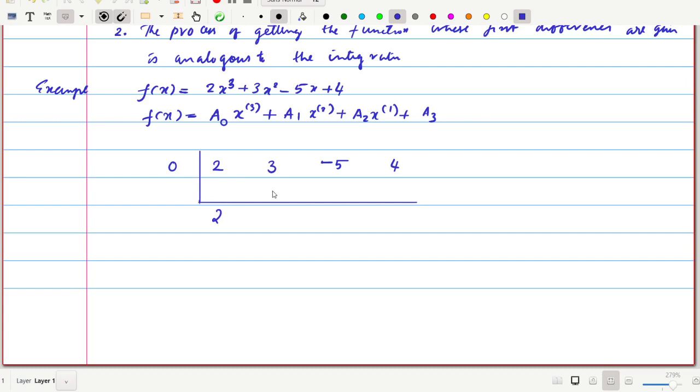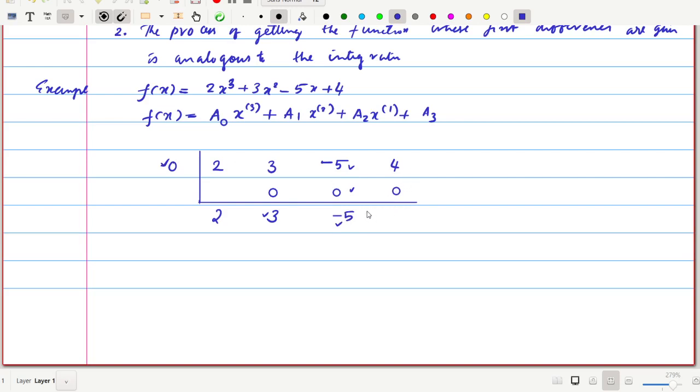That will be 0 again, and when we add 3 and 0, we get 3 here. Multiply this 3 with 0, which gives 0 again, and add these two numbers, and we get minus 5. Multiply this minus 5 with 0 again, so that is again 0.